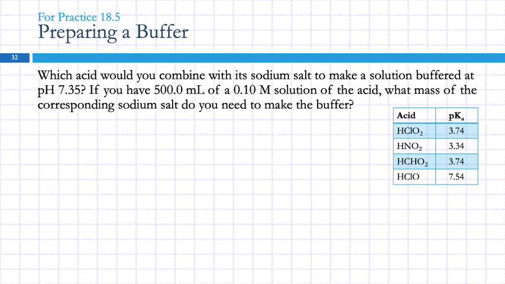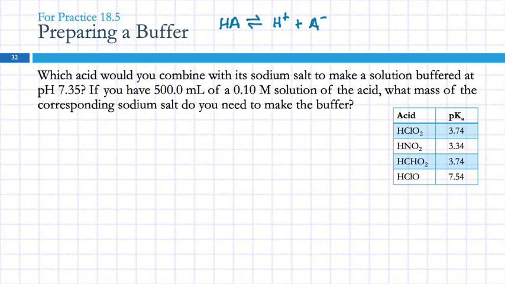Okay, which acid would you combine with its sodium salt to make a solution buffered at pH 7.35? So when they say sodium salt, let's think of it this way. So we could represent the acid as HA, right?